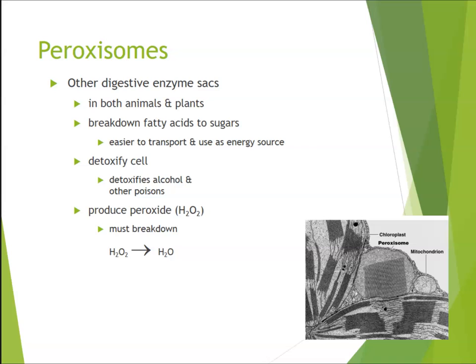And those digestive enzymes will break down the fatty acids and sugars, but they produce peroxide as a byproduct. So your cells must have these little peroxisomes, this particular digestive enzyme sac that contains the right enzyme, that's catalase, to break down that hydrogen peroxide and turn it into water so that it does not kill other things inside your cells.